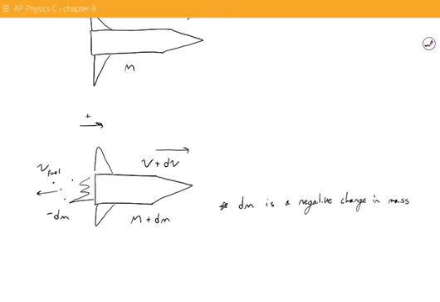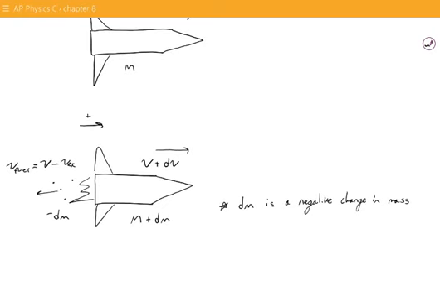So actually the velocity of the fuel outside the reference frame of the rocket is equal to the velocity of the rocket plus the velocity of the exhaust, which would be in the negative direction.